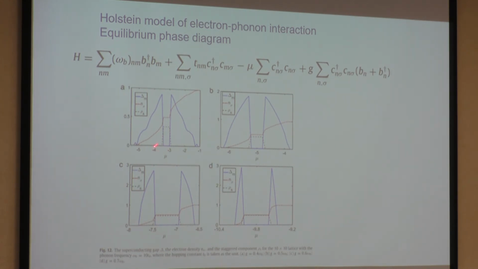So this axis is chemical potential, the dashed line corresponds to the charge density wave order parameter, and the blue line corresponds to the superconducting order parameter. We see that we have a first order phase transition from the charge density wave state exactly at half filling to the superconducting state away from half filling. So again, it's a good test that things are behaving the way they should.